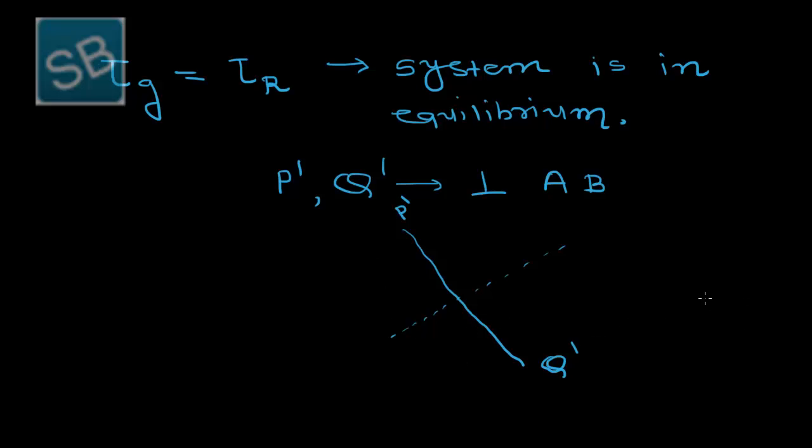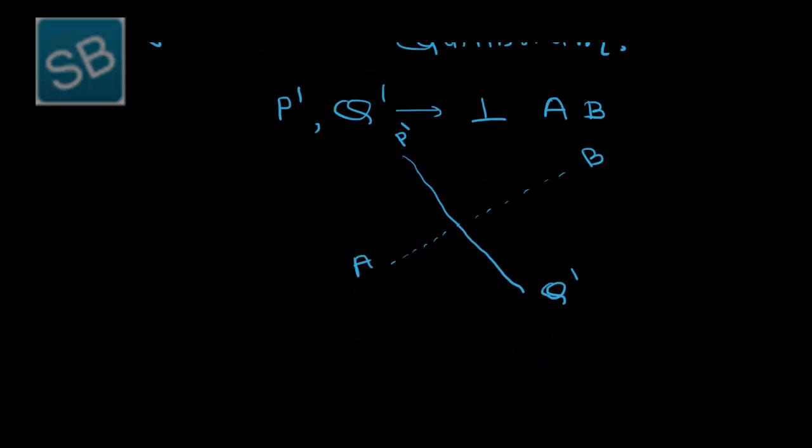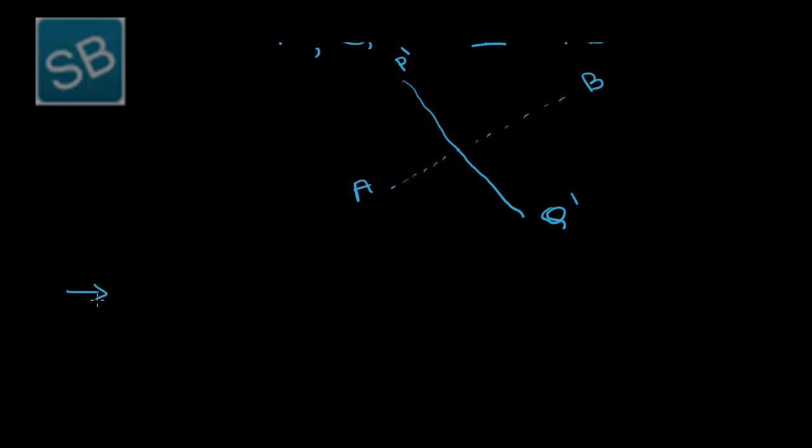Now the distance between their centers in equilibrium condition. So here AB takes place. So what am I going to find out?